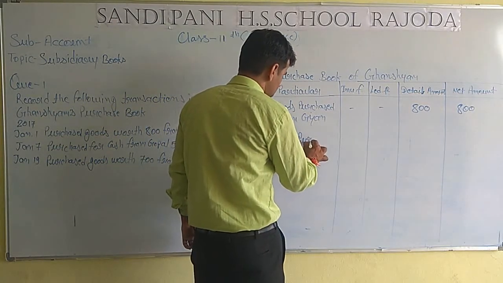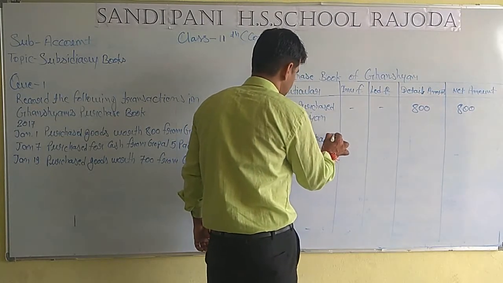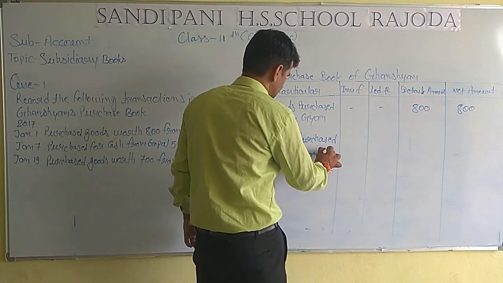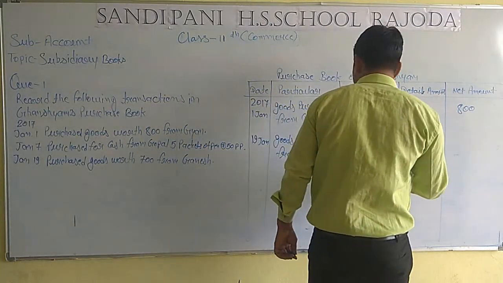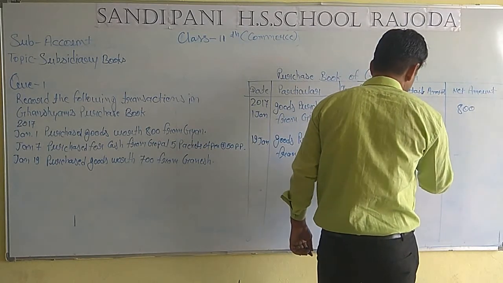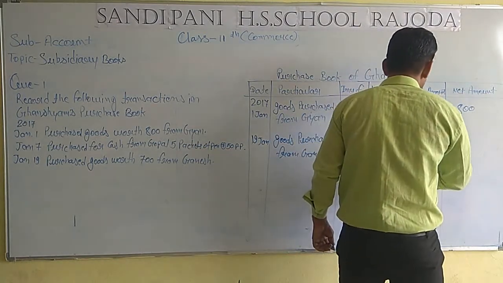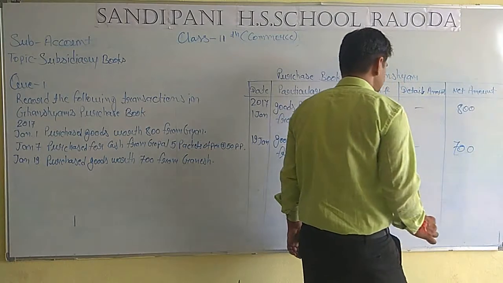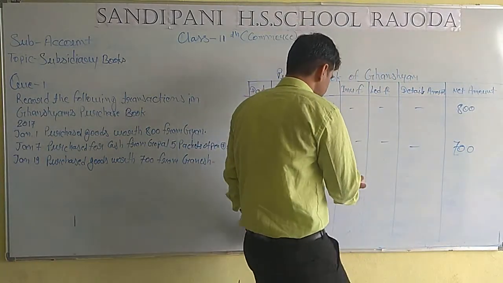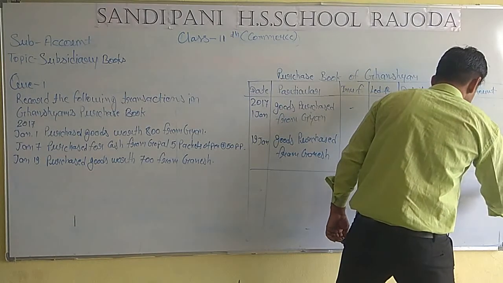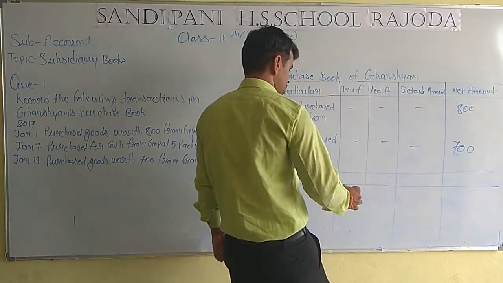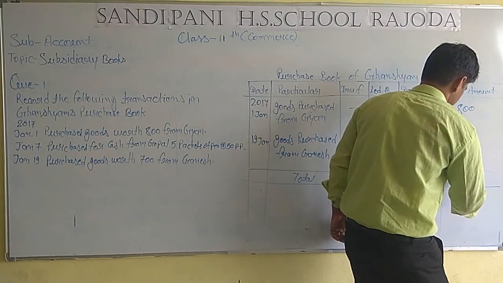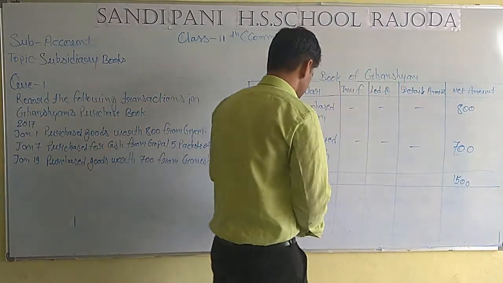Goods purchased from Ganesh, amount 700. We will not write in the detail column, directly we will write in the net amount column. So here the total will come 1500.